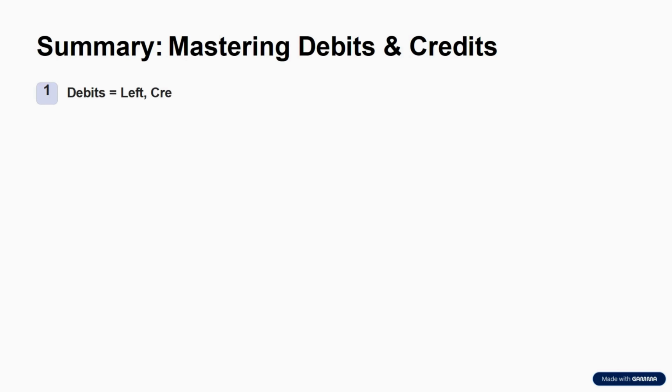Now let us summarize this whole video of accounting basics for beginners. Number 1, debits equal left and credits equal right. Always remember their fixed positions in a T account. Number 2, know your account type.